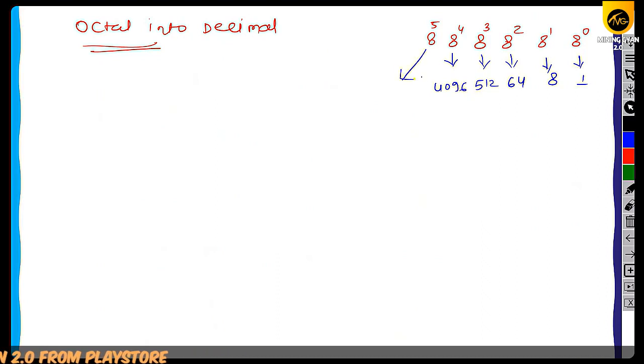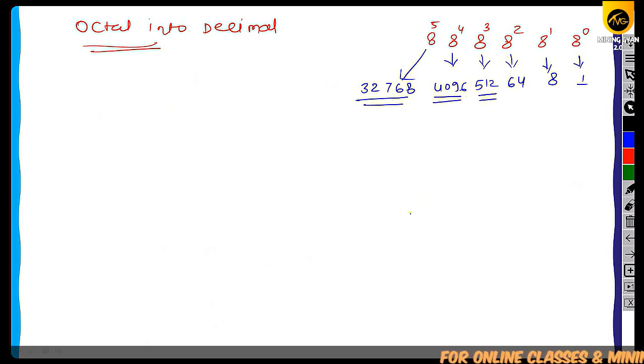Okay, 8 power 5 will be 32768. You just have to remember these numbers, because you can easily find 8 cube. Then 8 power 4 will be 4096, and 8 power 5 will be 32768.